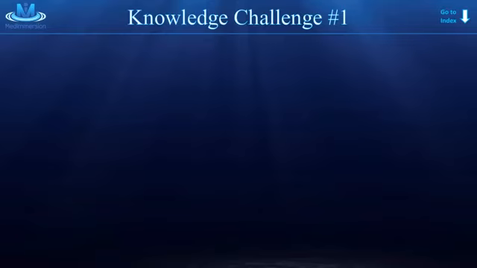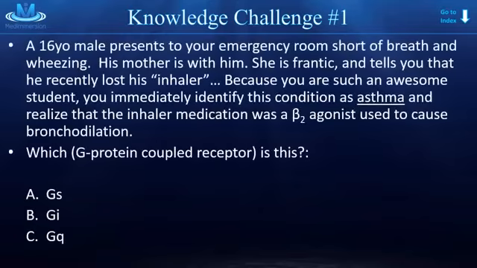Okay, knowledge challenge number 1. A 16-year-old male presents to your emergency room. He's short of breath and wheezing. His mother's with him, and she's frantic. And she tells you that he recently lost his inhaler, but she can't remember what it was. However, because you are such an awesome medical student, you immediately identify this medical condition as asthma.